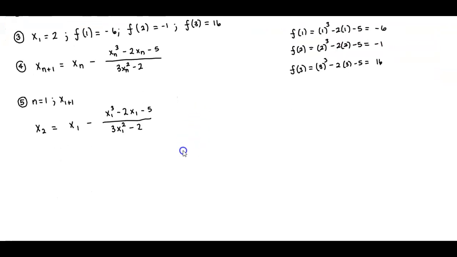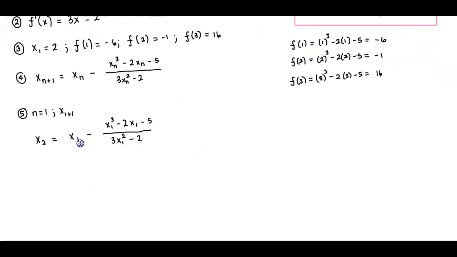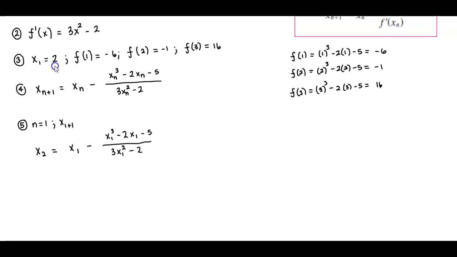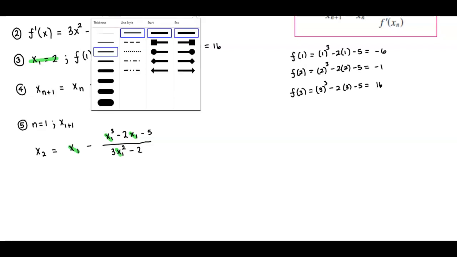Okay? And so what do we know that x subscript 1 equals? Well, up here we know that it's going to equal 2. So we're going to substitute x subscript 1 to be 2 for all of those values. So let's go ahead and do that.